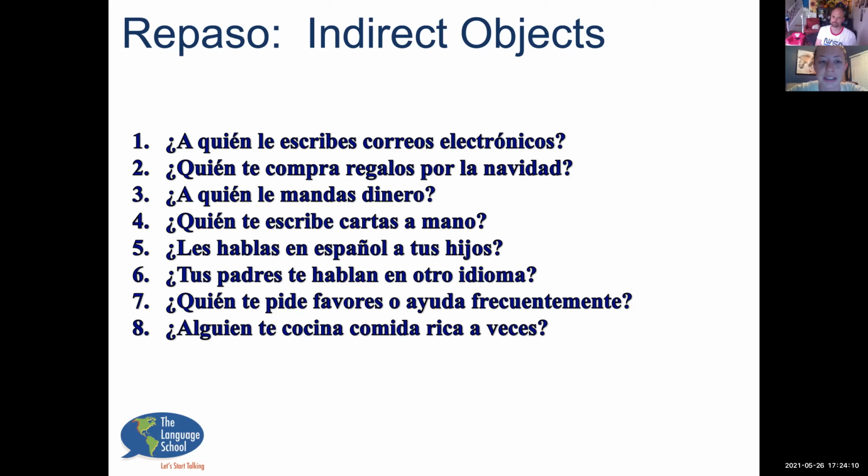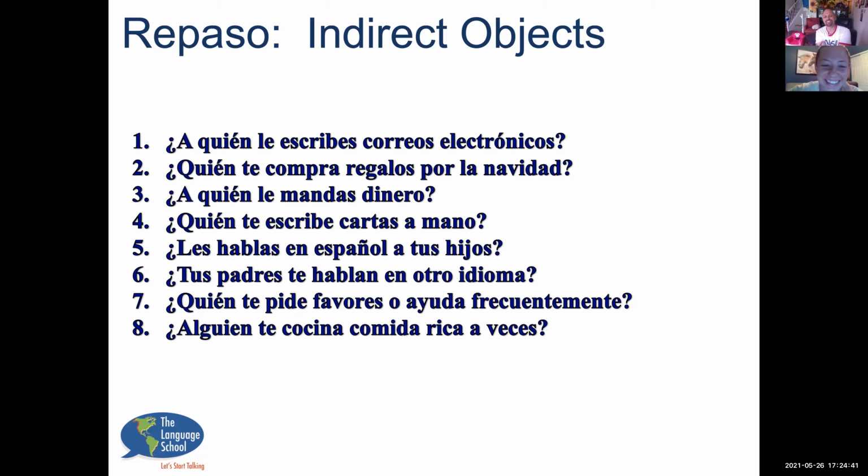Mis padres me compran regalos por la Navidad. ¿A quién le mandas dinero? Yo le mando dinero a mi hermano. Buena hermana, tú eres una muy buena hermana.